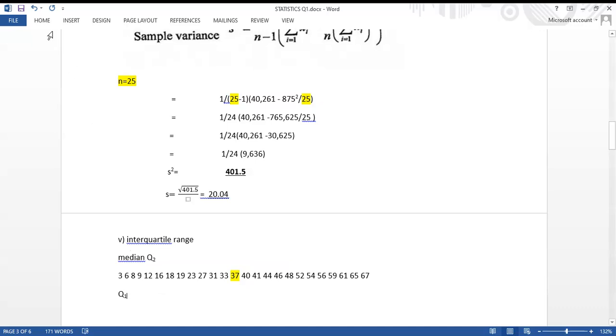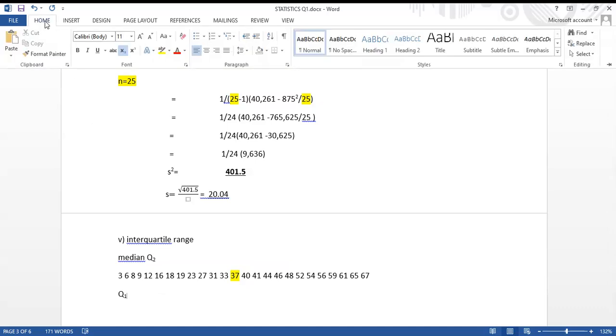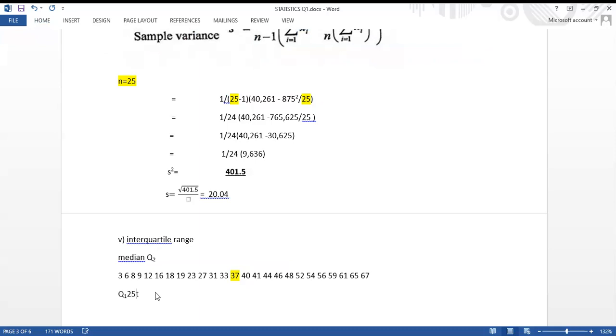So we can locate Q1's position with percentiles. Q1 is the 25th percentile. So we can say (n plus 1) times p divided by 100.